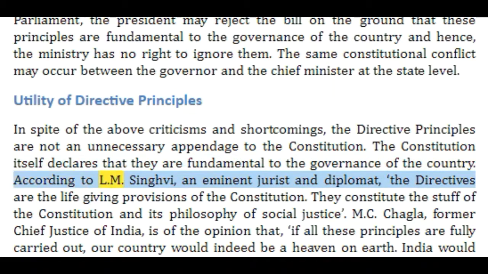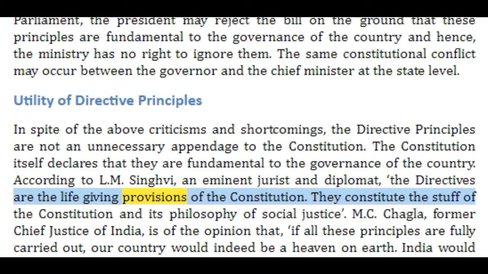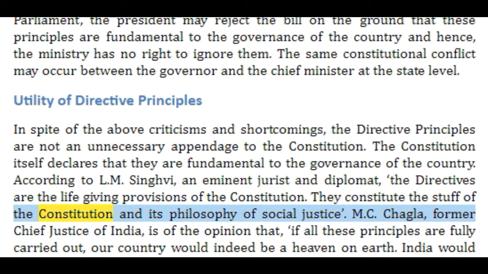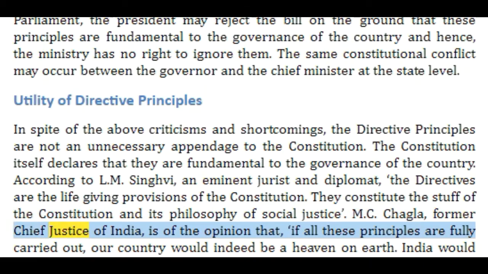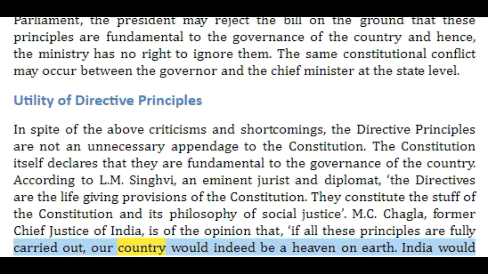According to L.M. Singhvi, an eminent jurist and diplomat, the directives are the life-giving provisions of the Constitution. They constitute the stuff of the Constitution and its philosophy of social justice. M.C. Chagla, former Chief Justice of India, is of the opinion that if all these principles are fully carried out, our country would indeed be a heaven on earth.